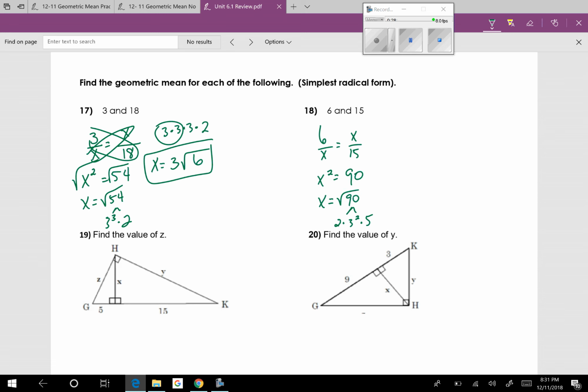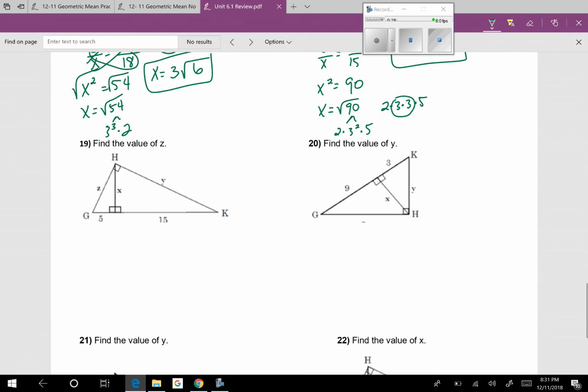And so that's 2 times 3 times 3 times 5. So there's only a pair of 3's. So that gets pulled out, so 3, and then the square root. And then we have the 2 and the 5, they're singles, so they get multiplied together. So 2 times 5 is 10. So x is 3 square roots of 10.